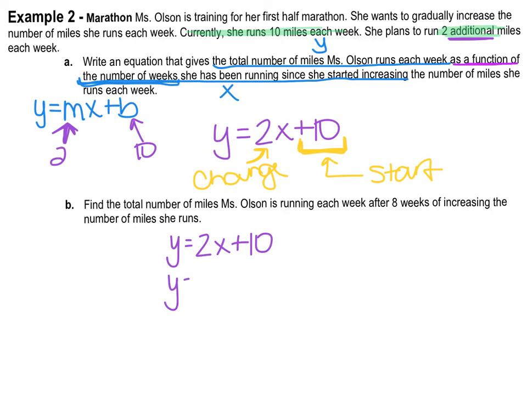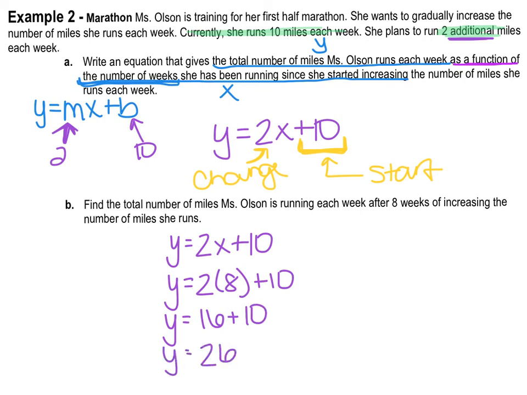So I have y equals 2 times 8 plus 10, and just continue to solve it. So y equals 16 plus 10, y equals 26 miles. So after 8 weeks, she'll be running 26 miles.